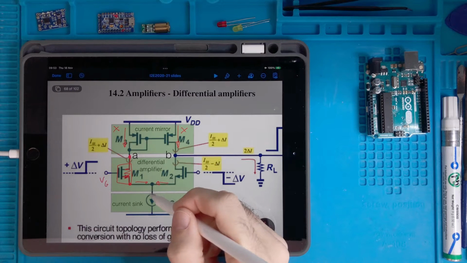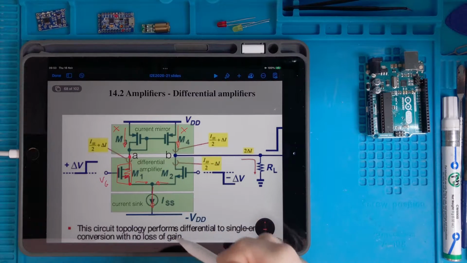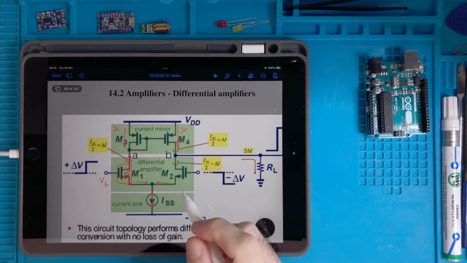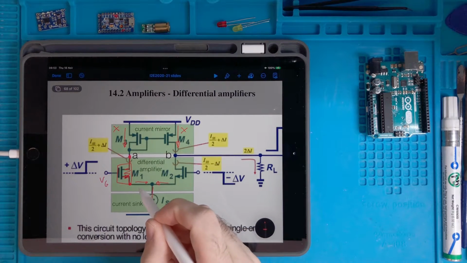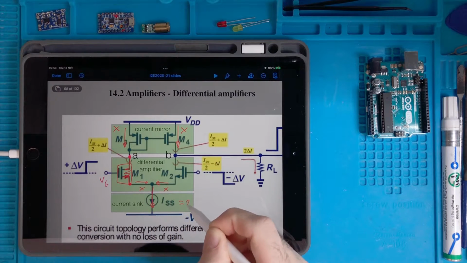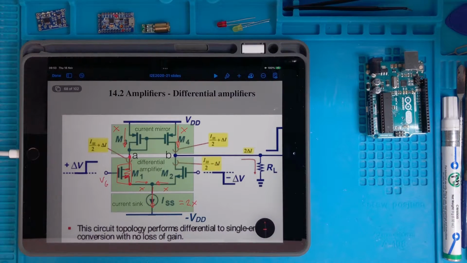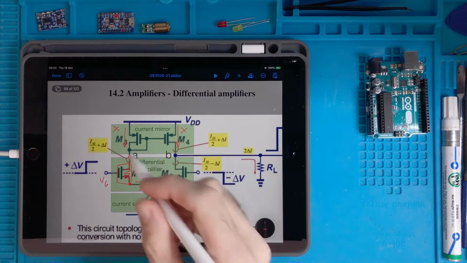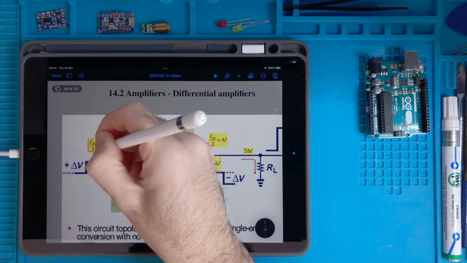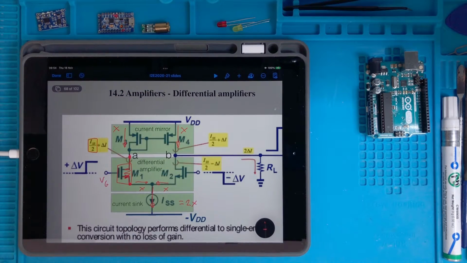And for Kirchhoff's principle, we know that it must go here. And so this ISS current would be equal to X plus X, so to 2X. So it means that this X current is ISS divided by 2.